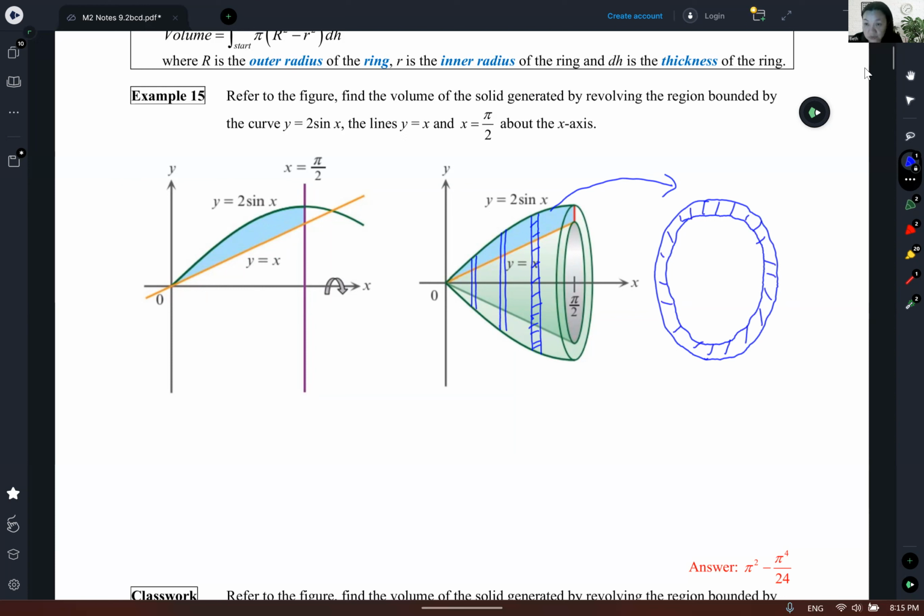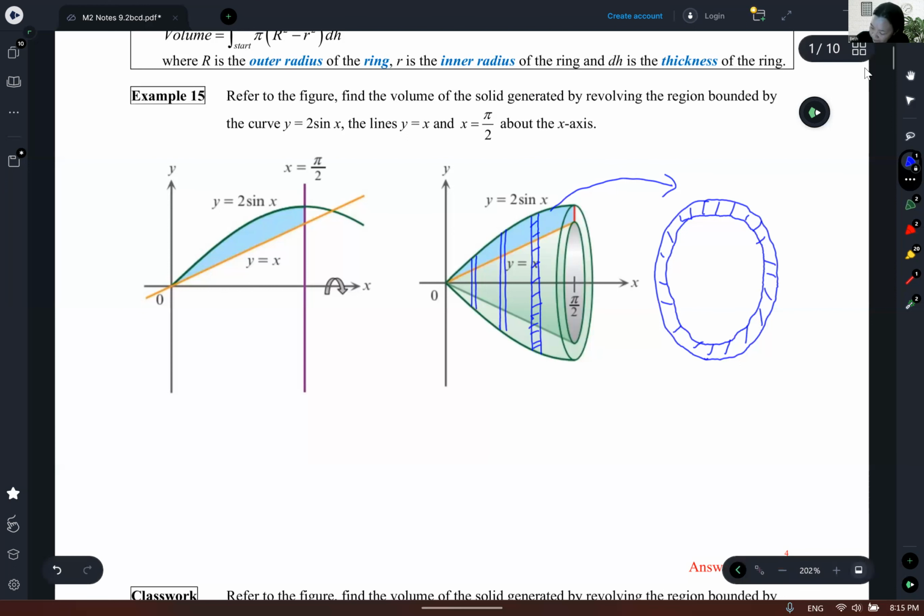In the past, when we didn't have a hollow solid, each piece was a disk. Now, when we have the hollow part in the middle, each piece is a ring. However, we're still writing the same thing.